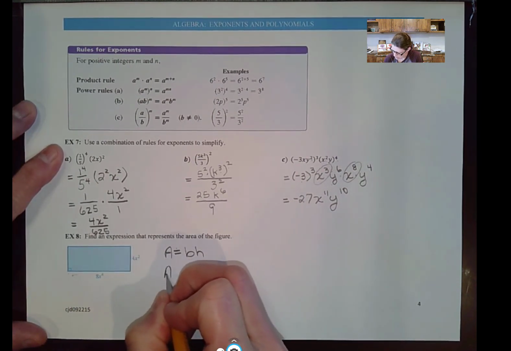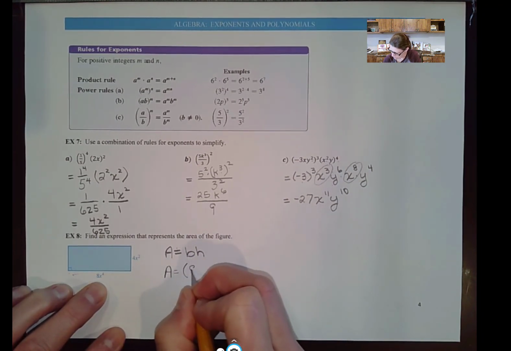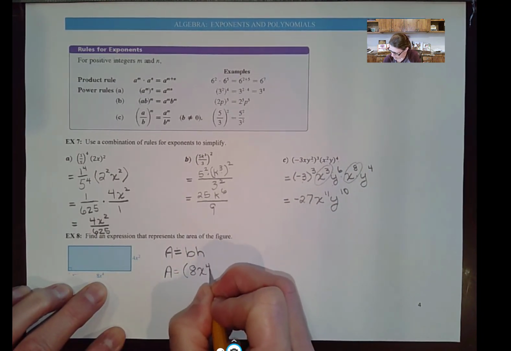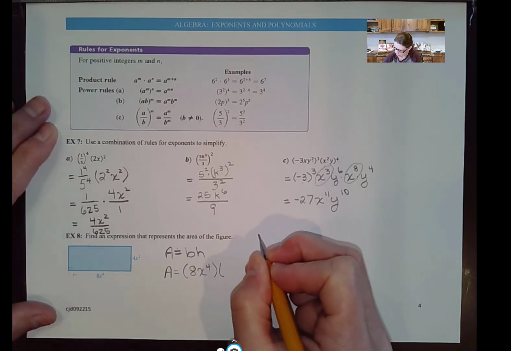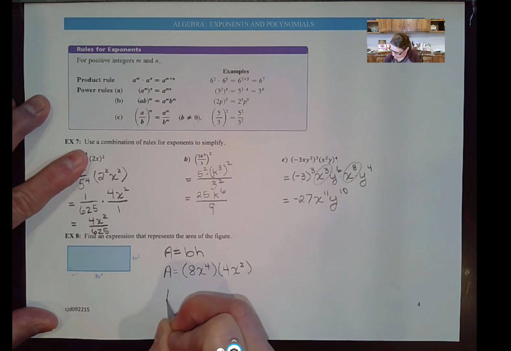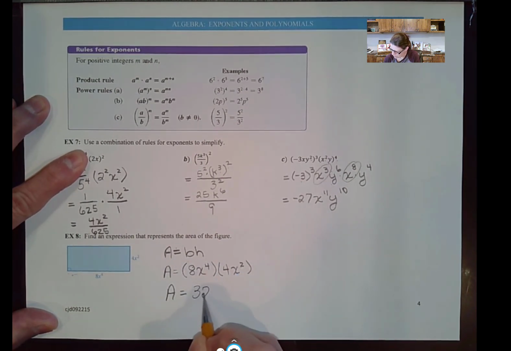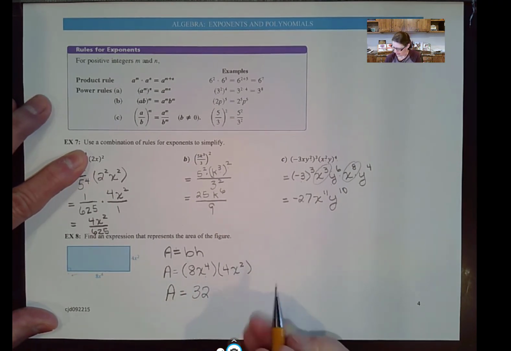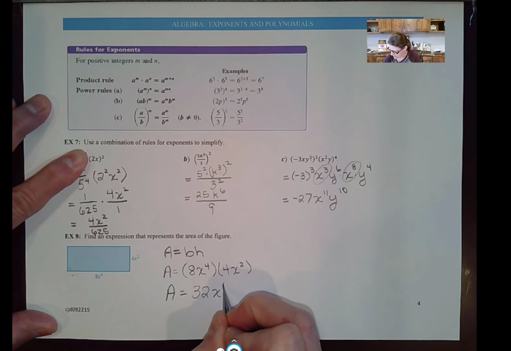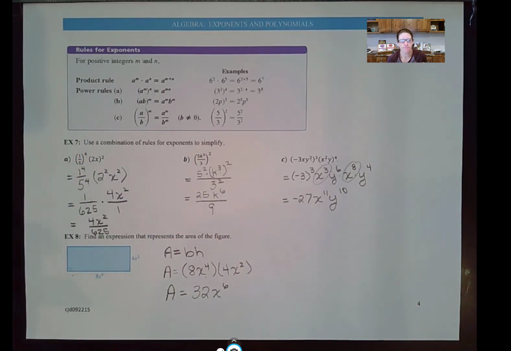So our length, we've got here an 8x to the 4th. And our height is 4x squared. And we just simply want to multiply those. Well, 8 times 4 is 32. And x to the 4th times x squared, adding exponents, is x to the 6th. So there's an example of an application of these rules. Good luck on those.